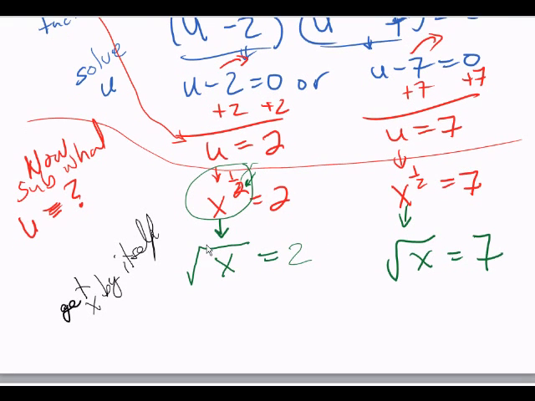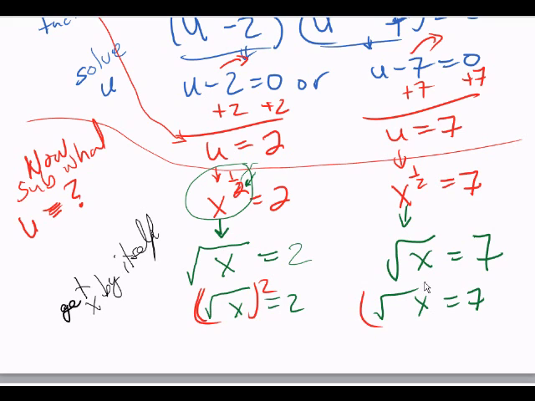What's the opposite of square root? I'm going to rewrite that. So I want to get rid of the square root. How do I get rid of the square root?